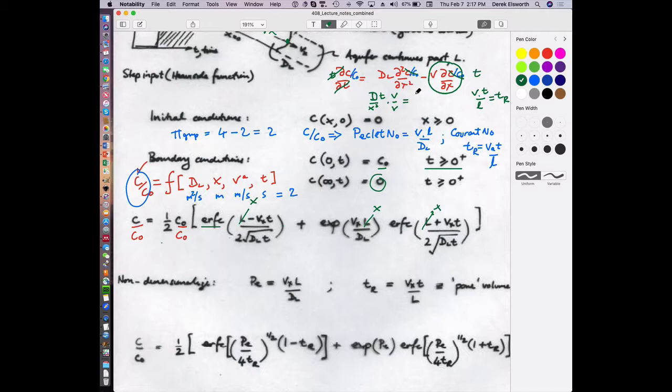Do we have time here? So velocity times length, so this is velocity times length times length. My writing's getting smaller and smaller to fit in. This is diffusion, time, and velocity.